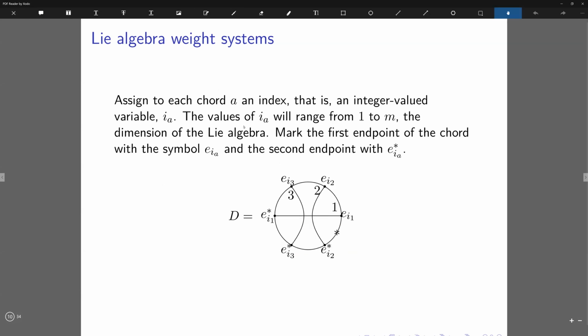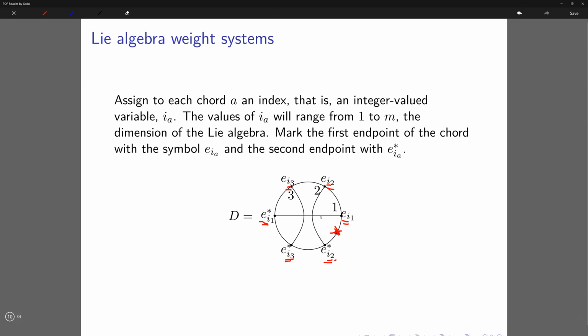Next, we put the basis on the circle. Since I start from this point, this is E_I1, E_I2, E_I3, and the other points are E_I1 star, E_I3 star, E_I2 star.